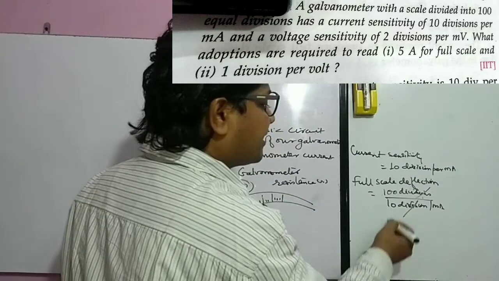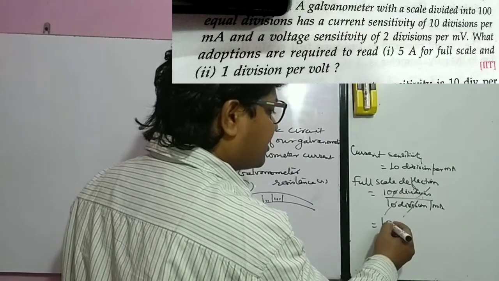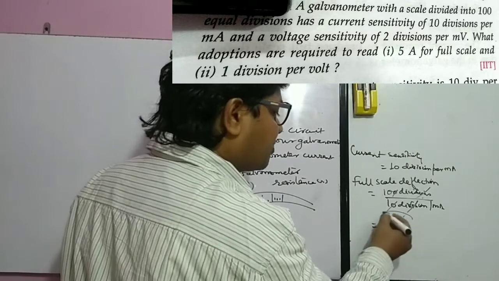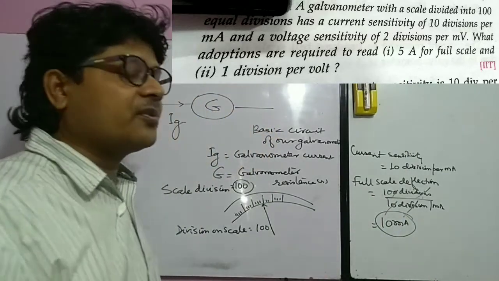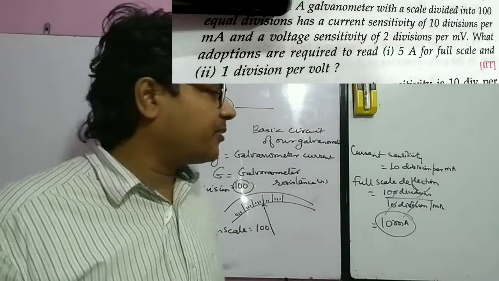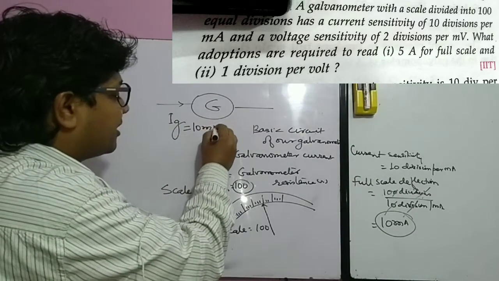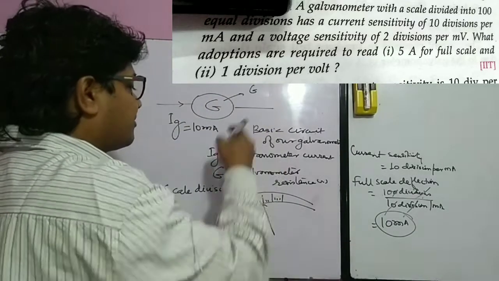This division gets cancelled. So this is 10 milliampere. This milliampere will be shifted to the numerator. So full scale deflection will be equal to 10 milliampere. So this galvanometer can read up to 10 milliampere, and this is the resistance of the galvanometer.